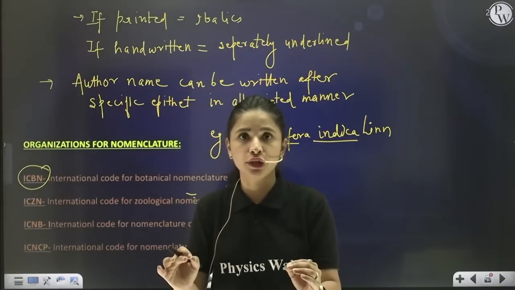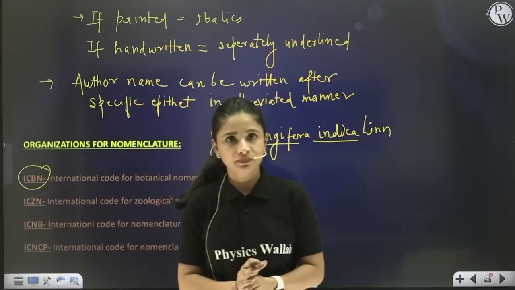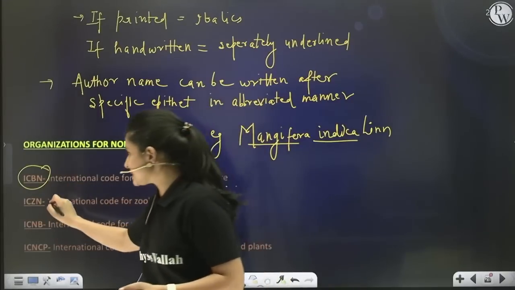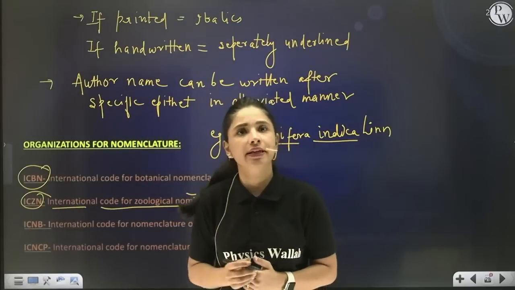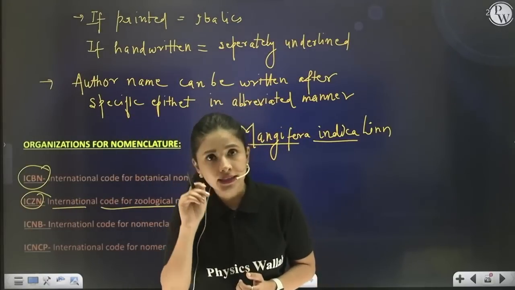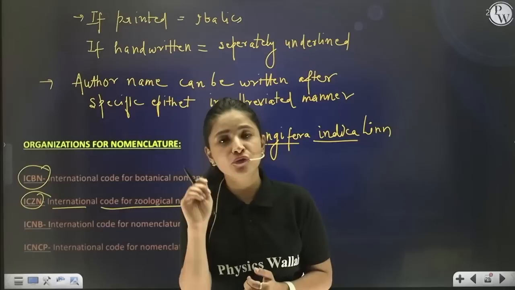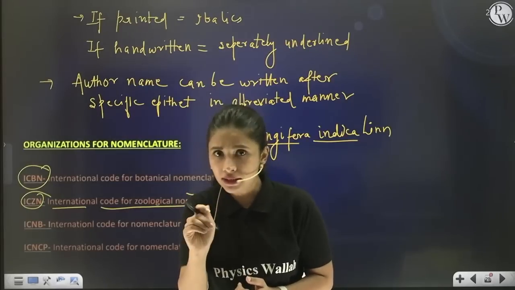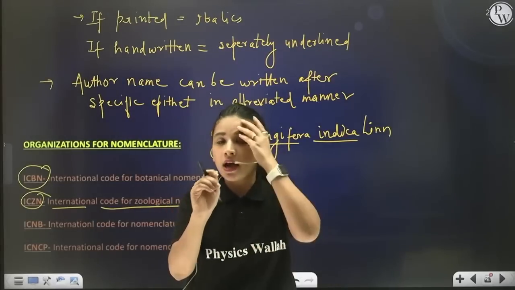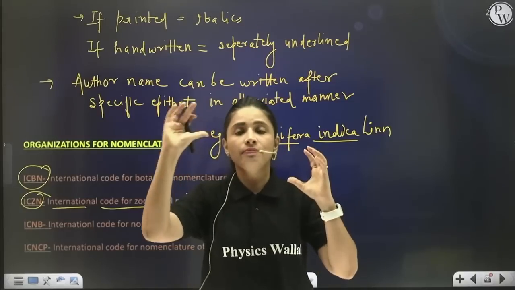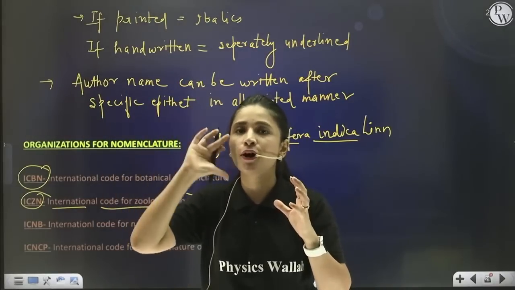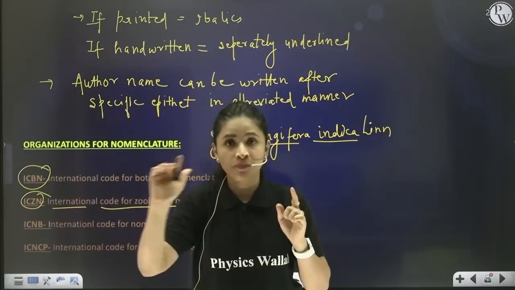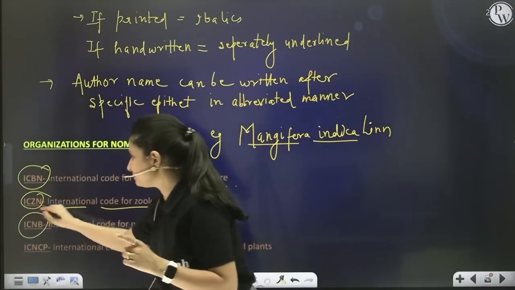This is the duty of ICBN. Second is ICZN, International Code for Zoological Nomenclature. This organization is responsible for ensuring that all the names related to animals are correctly mentioned and they are following the rules of nomenclature.